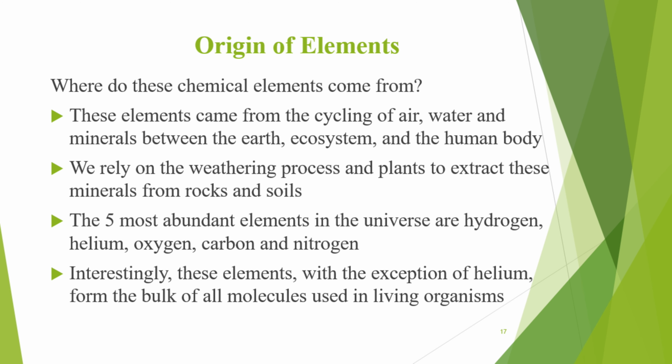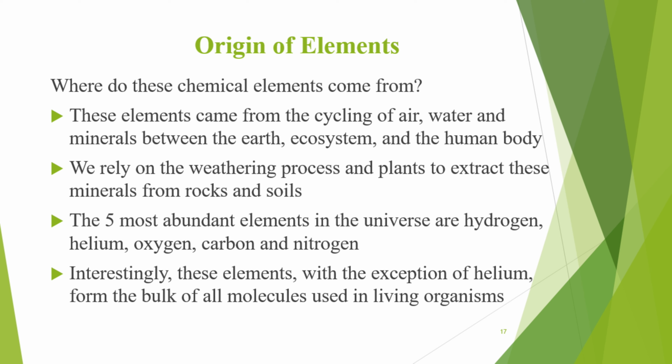Where do these chemical elements come from? These elements come from the cycling of air, water, and minerals between the earth ecosystem and the human body. We rely on the weathering process and plants to extract these minerals from rocks and soils.